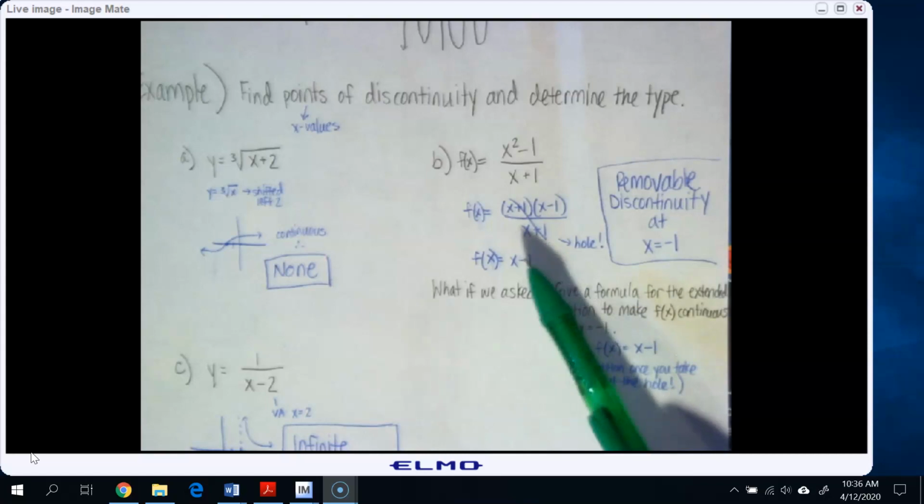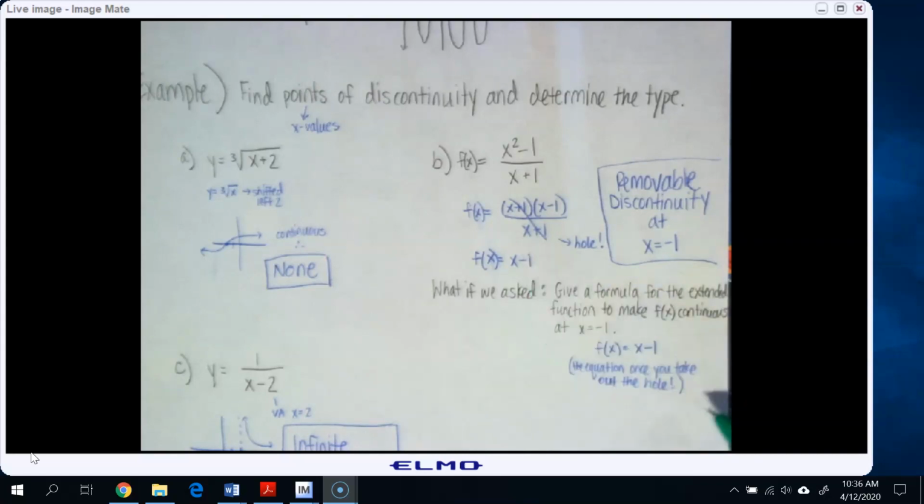Right? So we take the hole out, and the function that's left is the one that would be continuous at x equals -1. Okay? So it sounds like a complicated thing we're asking, but it's really just taking out the hole. Okay? You can really only do that with removable discontinuities because, like we said, they're removable, right? So you can take them away.